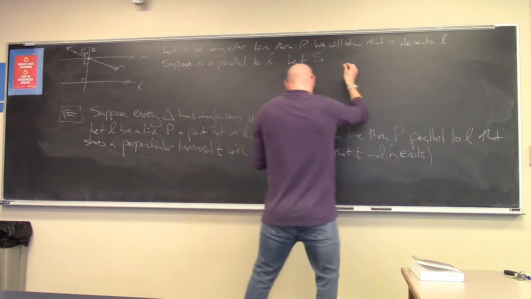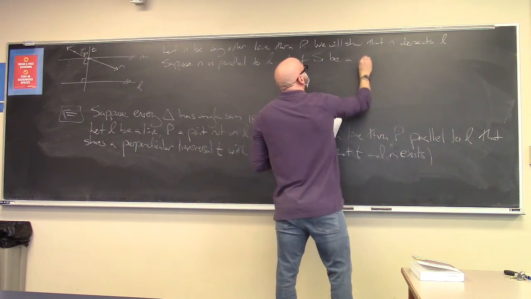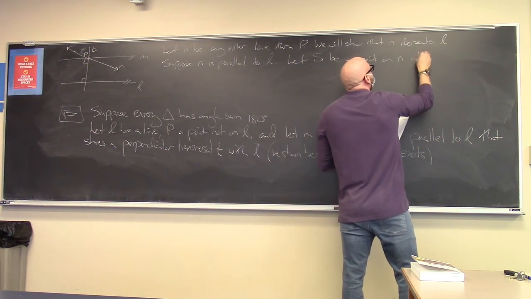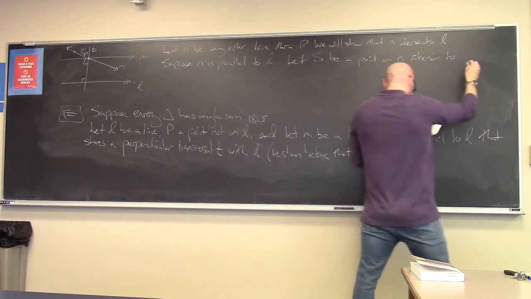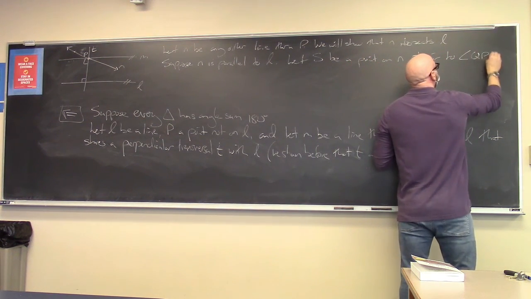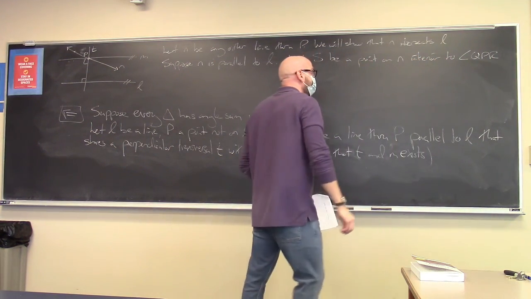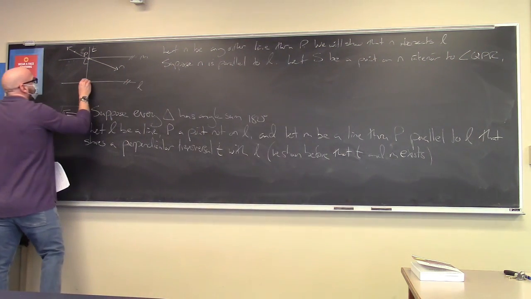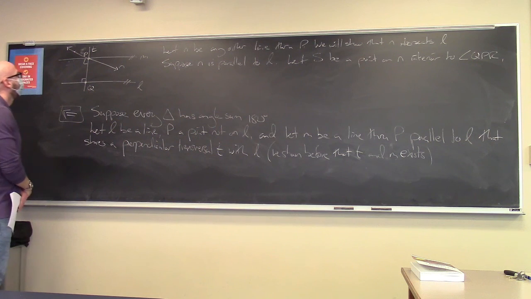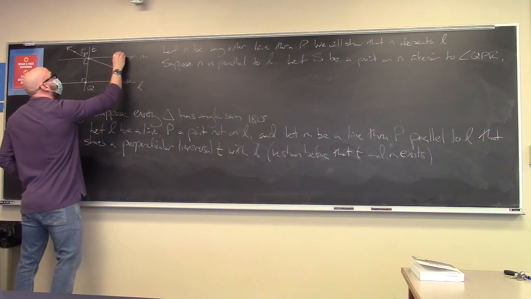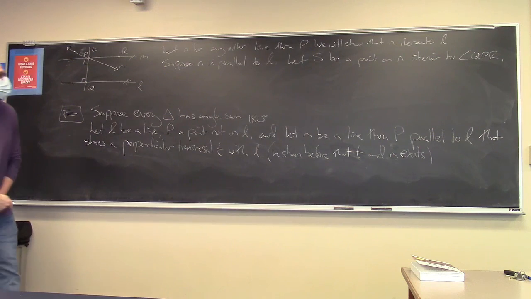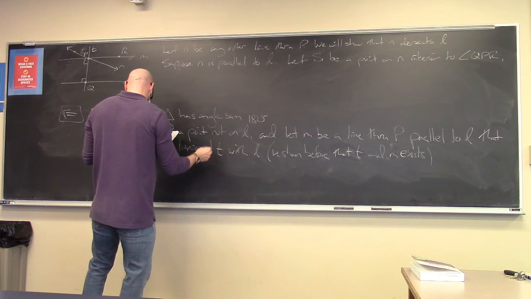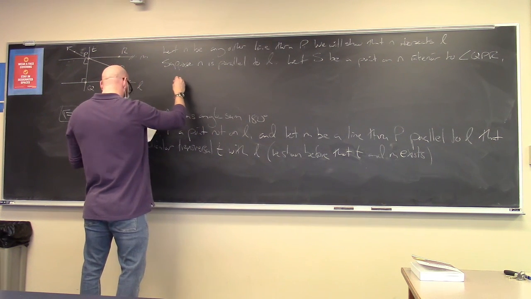Let S be a point on N interior to angle QPR. Haven't told you what Q is, I'm just going to put it on the picture. Here's Q. And where is R? R is up here. I'm not going to write see the figure yet though, because I'm going to throw some more stuff on here. Interior to QPR.